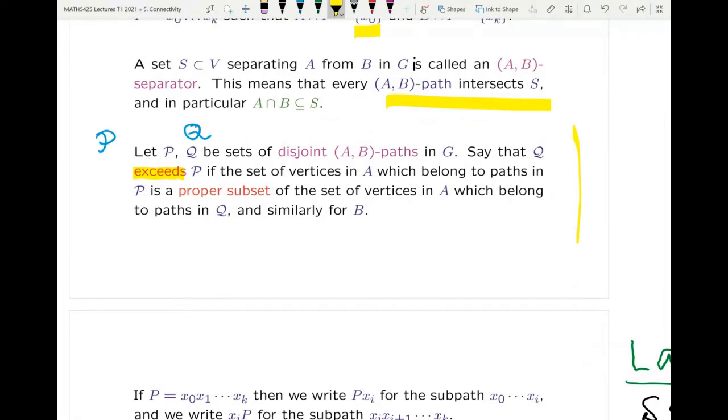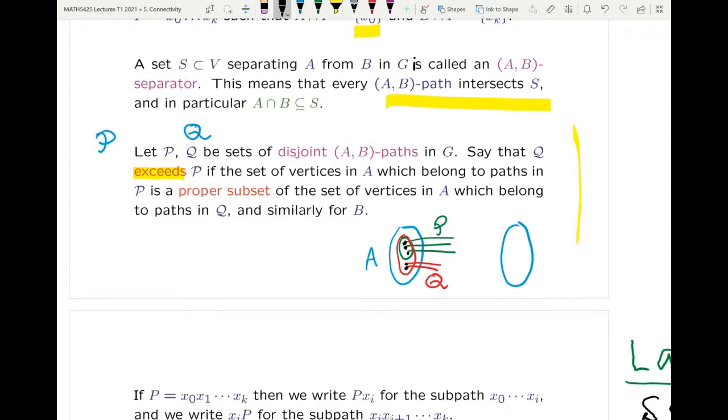Q exceeds P if the set of vertices in A which belong to the paths in P is a proper subset of the set of vertices in A which belong to the paths in Q. So maybe these are the end vertices of paths in curly P, and then I need to include all of those and possibly some more to get curly Q. It doesn't mean it includes the same paths as P, but it's covering these same vertices here on the left precisely. And then the same thing for B.